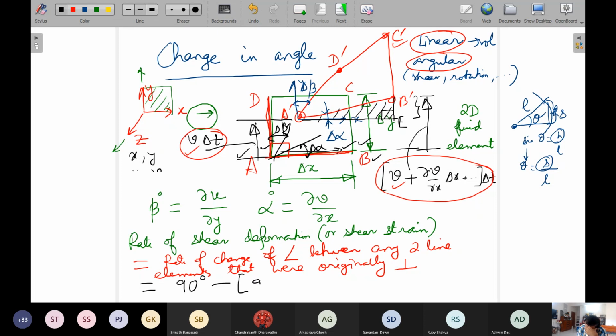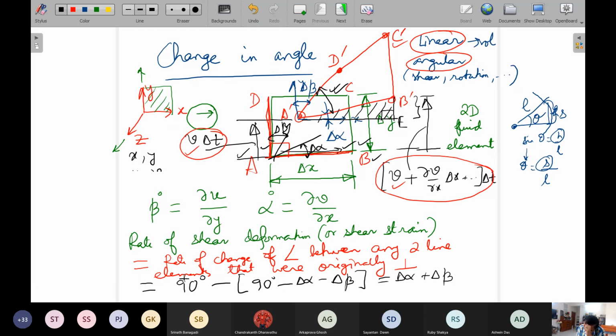Now the angle is 90 degree minus delta alpha minus delta beta. That is now the angle between the two line elements. So that is this one. This I am talking about. So the change is simply delta alpha plus delta beta. So this is change, not rate of change.